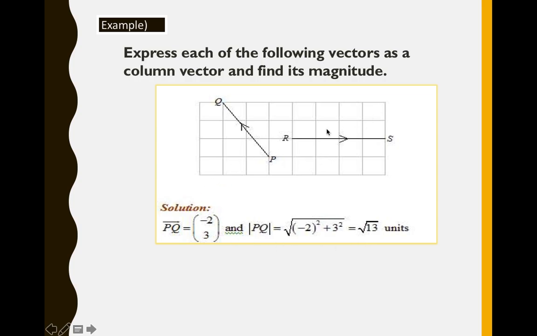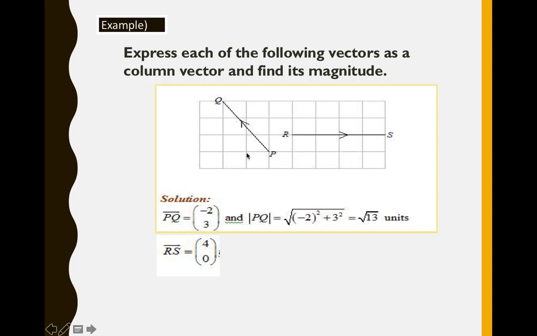Now we will go to the next question, vector RS. What are the components of vector RS, students? It has moved 4 to the right.